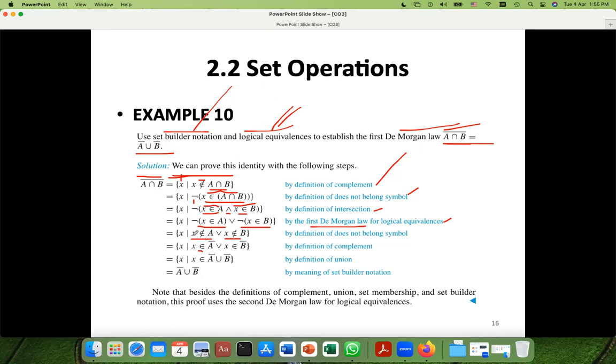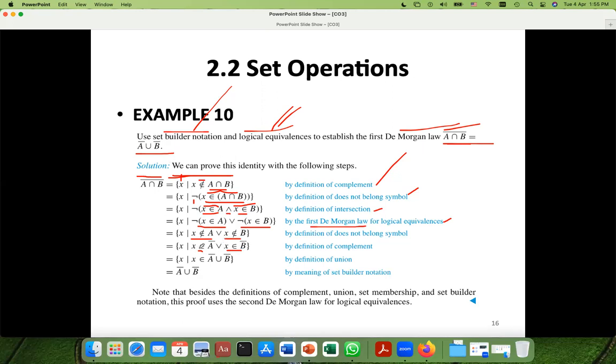And this is what X not belongs to A means. This is basically the same thing. So you have just used the definition of complement, and you have converted this not belongs into belong.